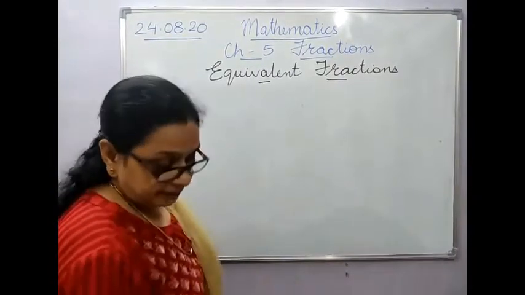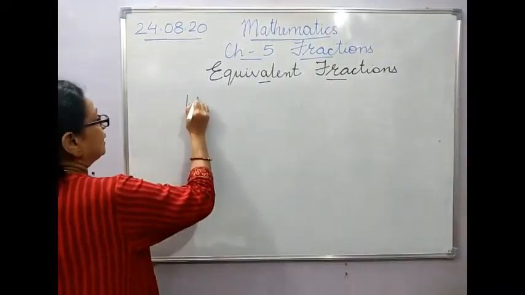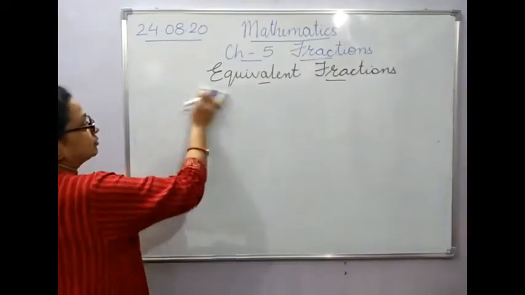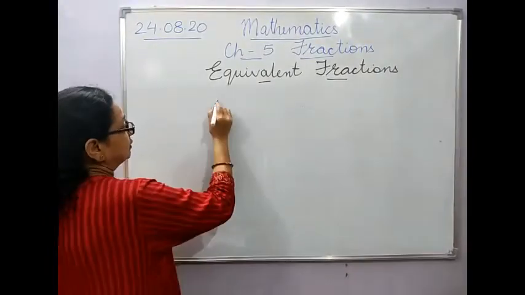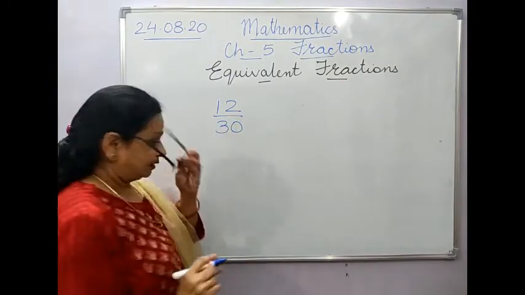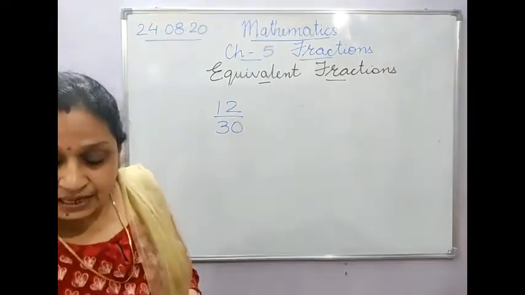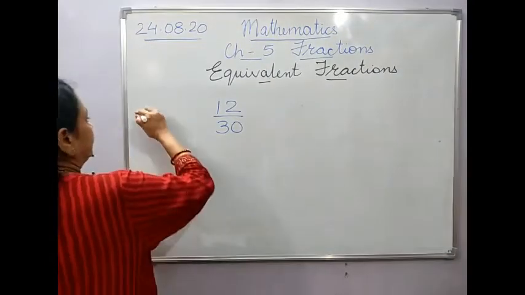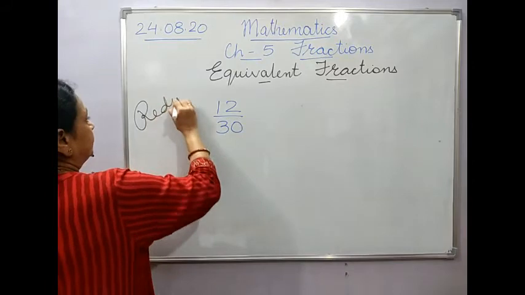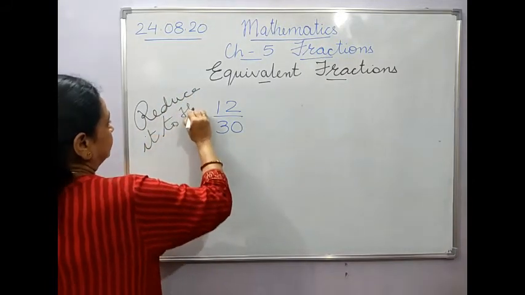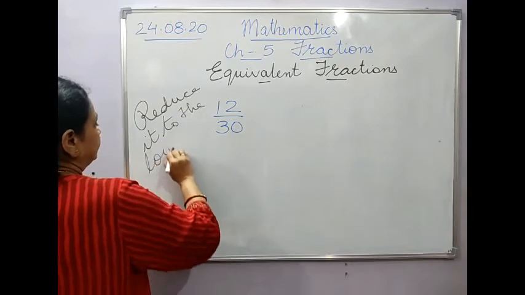Suppose it is given 12 upon 30. And the question is, you have to reduce it to the lowest term.